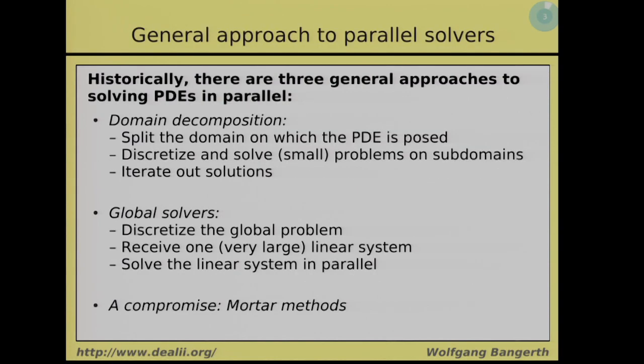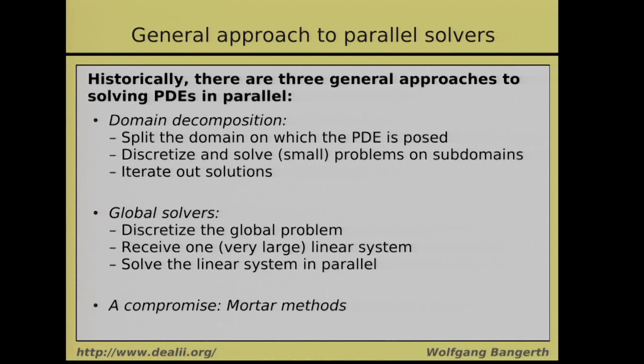So historically, there have been basically three fundamental approaches of how you could solve problems on parallel computers when you want to solve a PDE numerically. The first one is domain decomposition, and I'm going to give you a few examples and a little bit of the overview of this in the next few slides.